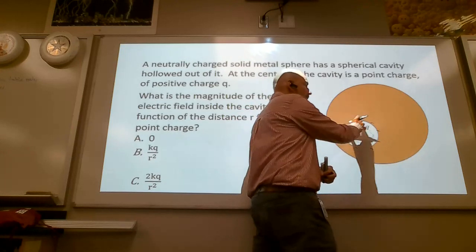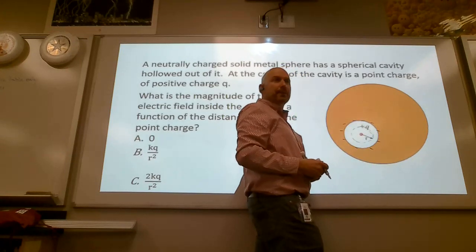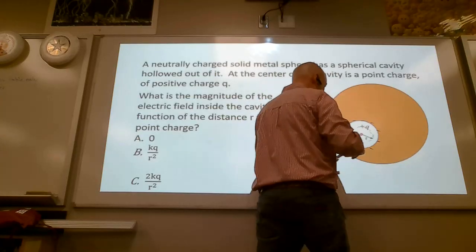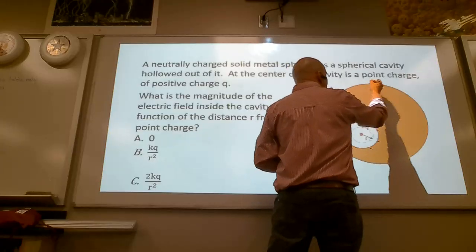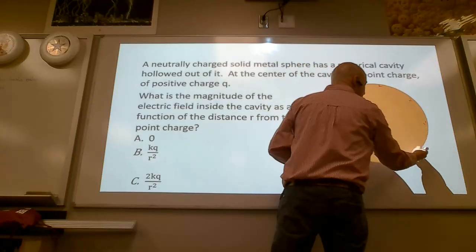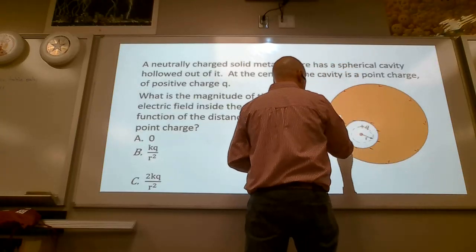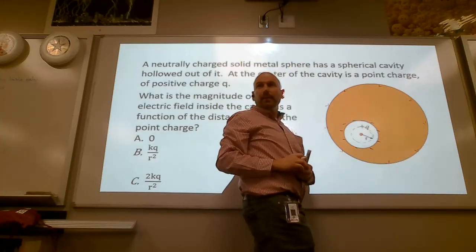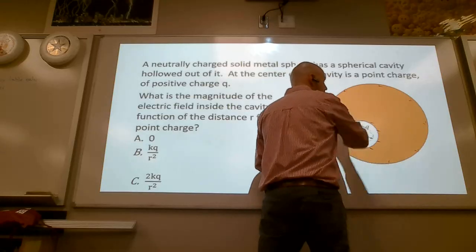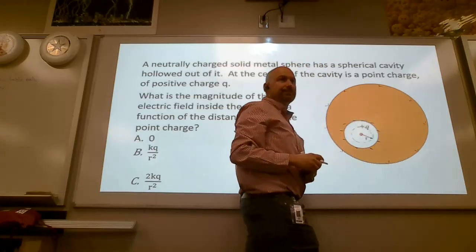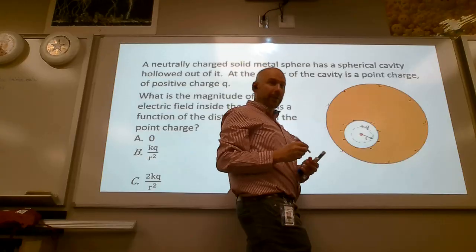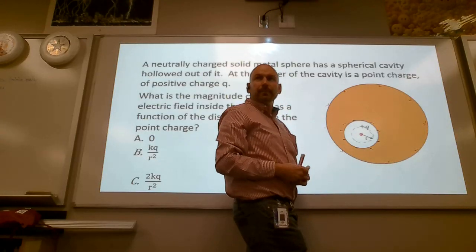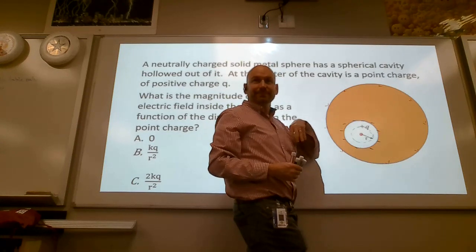The net electric field from the electrons, the negative charge, is 0. What about the protons on the outside? Well, if they are equally distributed, hollow planet again. Net electric field from the protons out here, 0. Okay, the only thing we care about is the charge enclosed. How we doing? Good?